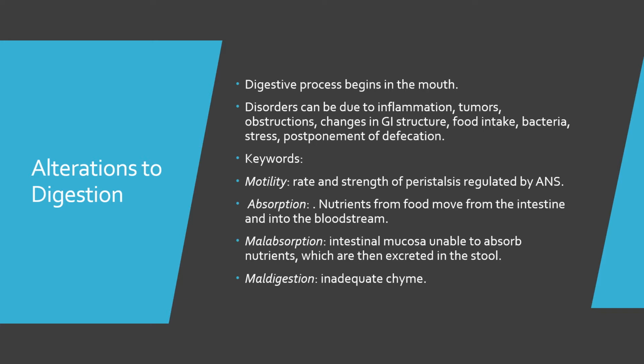So start thinking about any kind of chronic neurologic conditions that your patient could have that could interfere with GI motility, or any medications that the patient may be on that will interfere with motility. When we talk about absorption, we want to understand that absorption mostly occurs in the intestines. So any problems that are in the intestinal mucosa will also interfere with how well the patient is able to digest their food.